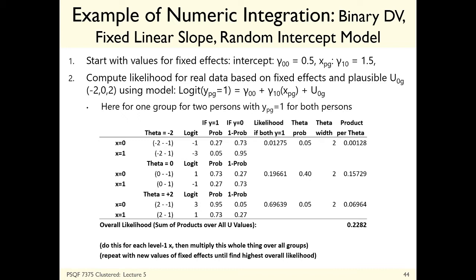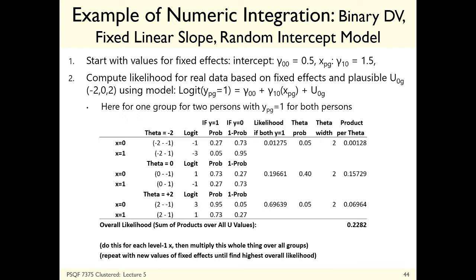That's my model. So I have current values to plug in for my fixed effects, but I don't have anything for U. I don't know what U is going to be for this particular group. So I'm going to try on all the possible values that I need in the same way that Lisa has to try on all the sizes to figure out what works. So if I have somebody who has an X of 0 in this group, I can figure out their predicted outcome by plugging in a guess for U. So if I have a normal distribution for U, I can say mean 0, variance 1.